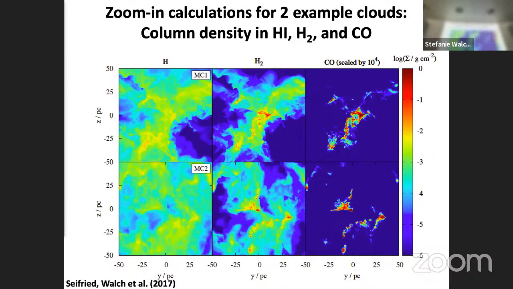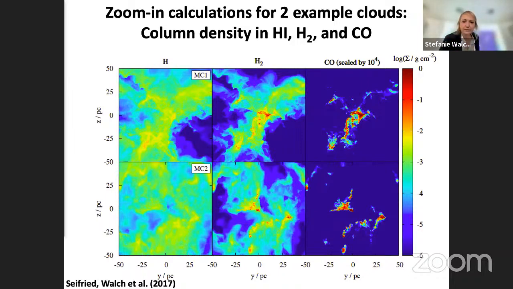Because when we have magnetized clouds, they tend to have more fluffy envelopes. So then there's more CO-dark molecular gas than if you have only hydro simulations, which have steeper gradients on average, and so there's less of this fluffy gas around. But I can show you a plot later if you want.